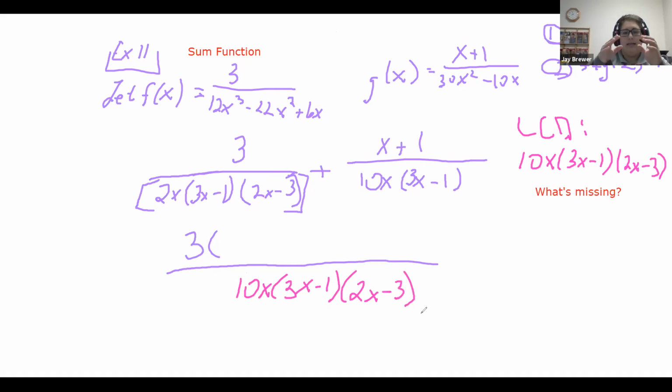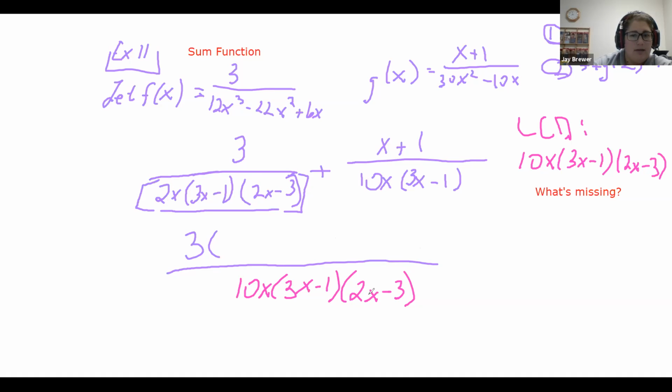That's where we're trying to get to, okay? So the question is, from where you're at right now, what's missing between those two? For just this fraction, what's missing? And if you have to, you can cross them out while you're looking at them.